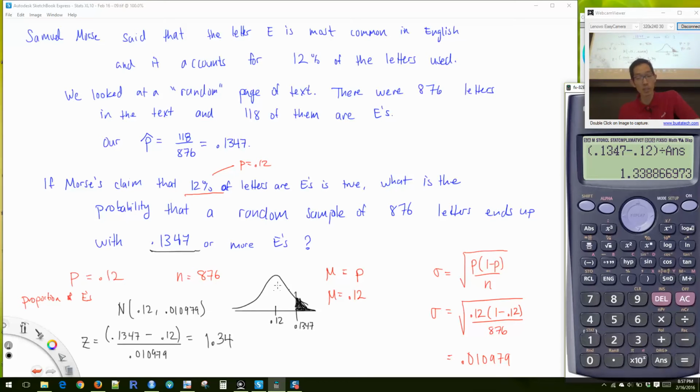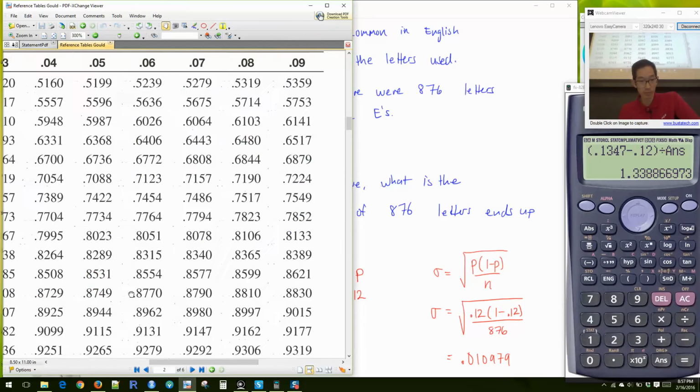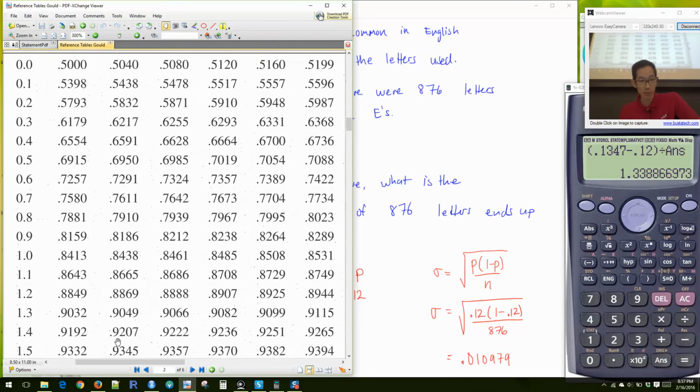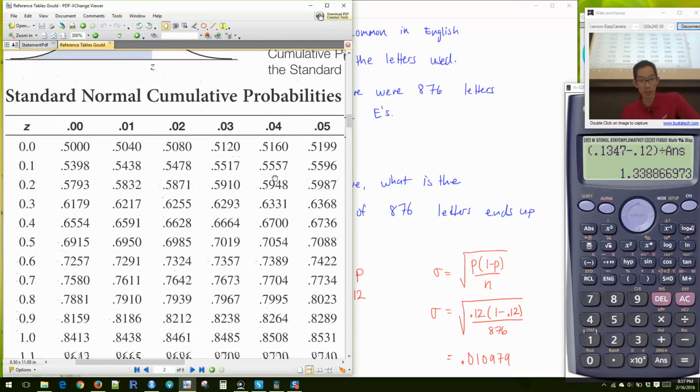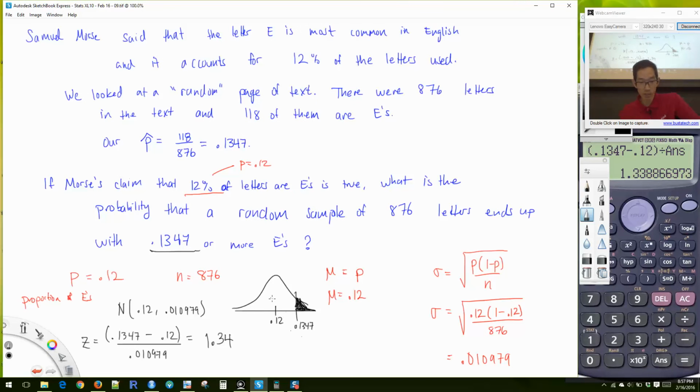I'm not done because I have to look this up and find the area to the right. So I'm going to look up 1.34 in the z table. 1.3 and 0.04 is 0.9099. So the area to the left of z equal to 1.34 is 0.9099.